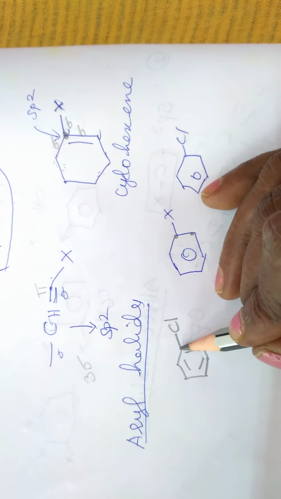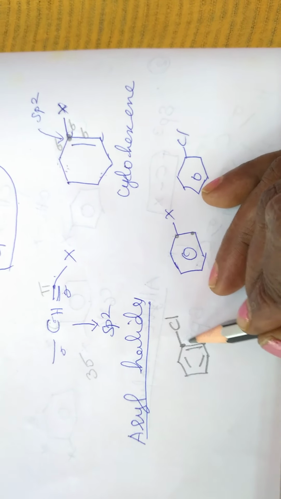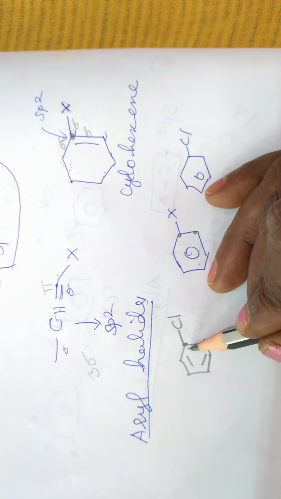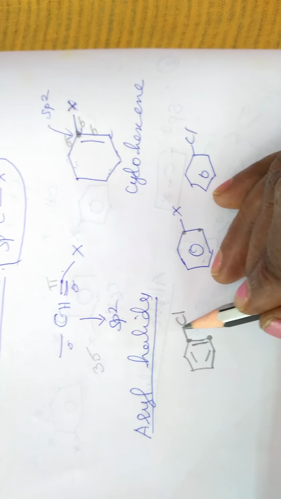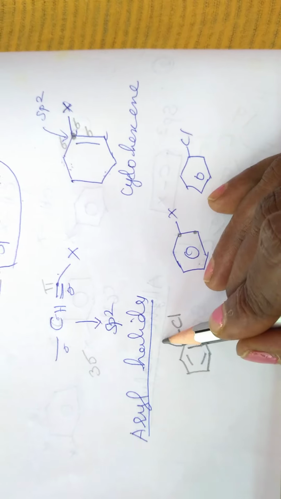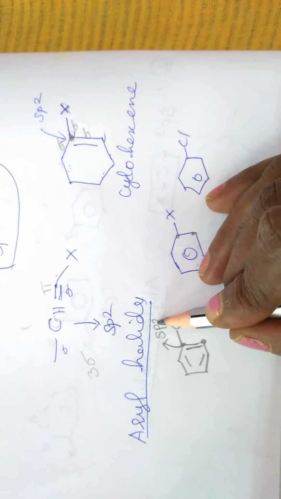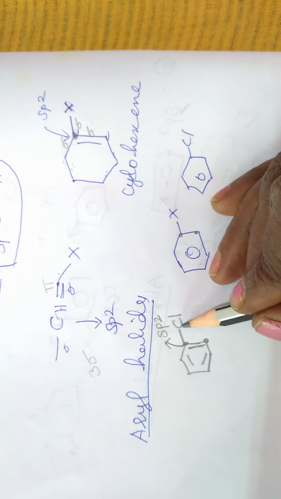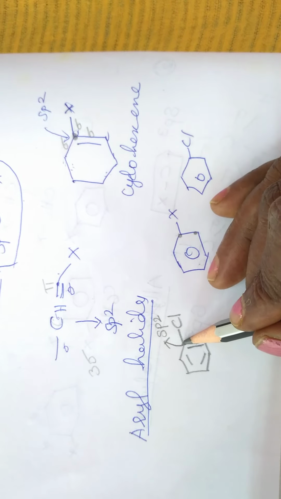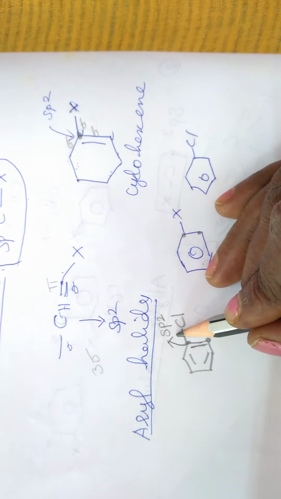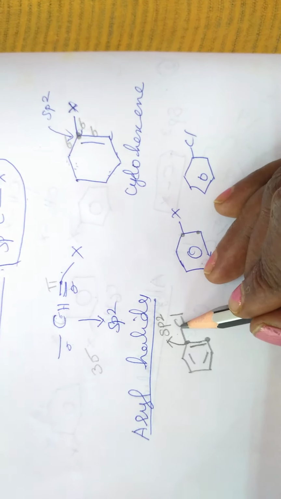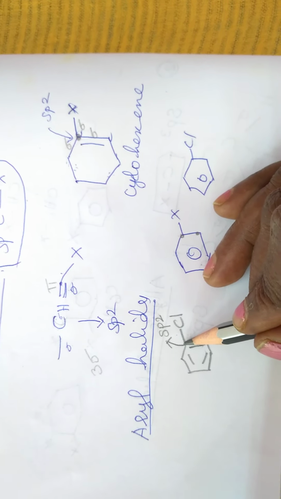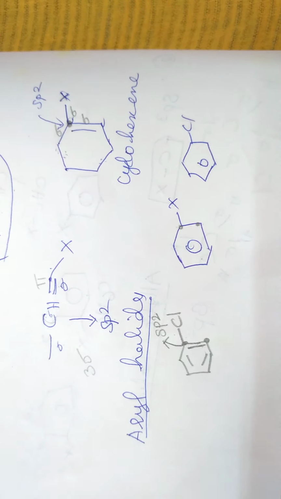See here, this carbon is attached with another carbon with a double bond. So this carbon is what type of hybridized? It undergoes sp2 hybridization. So here chlorine is attached with a carbon which undergoes sp2 hybridization, that is, directly attached with an sp2 hybridized carbon. It is known as aryl halide.